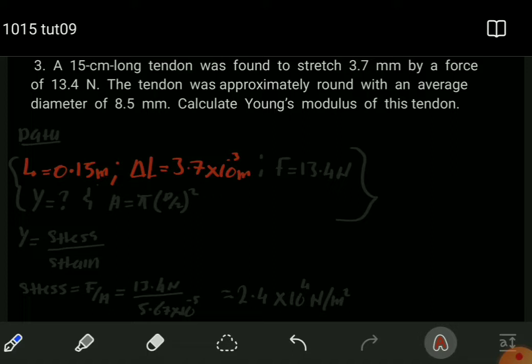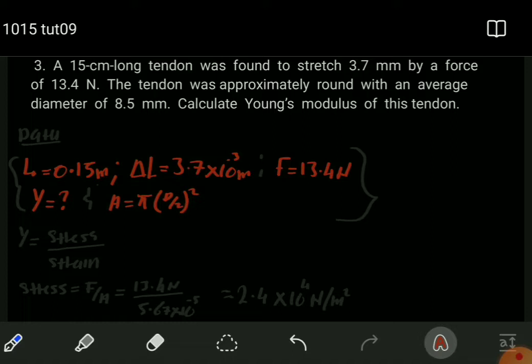The applied force is 13.4 newtons. The Young's modulus is our unknown, and the area is obtained by pi r squared, where r is simply the diameter divided by 2.